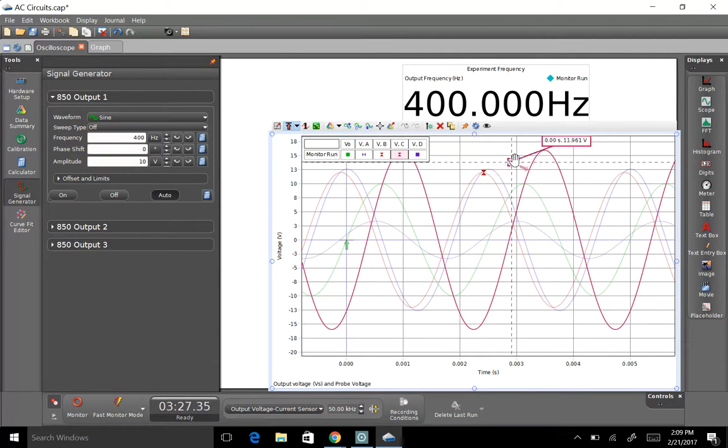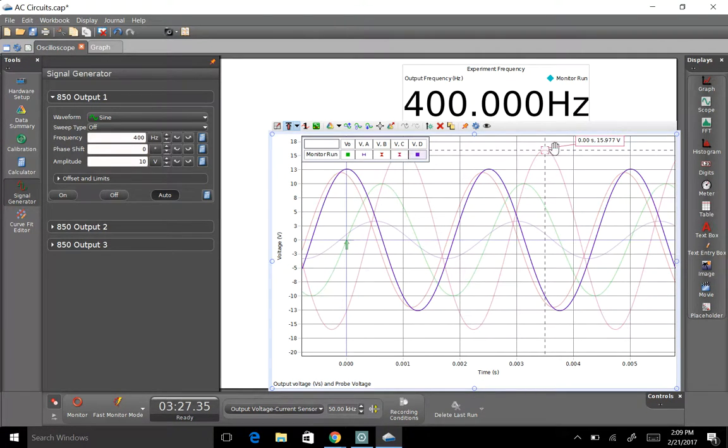Voltage across the capacitor, 15.98. And finally, the voltage across the resistor and inductor. So put V subscript of capital R plus L. And that's 12.62.